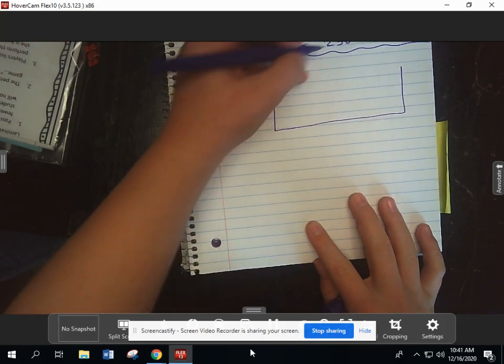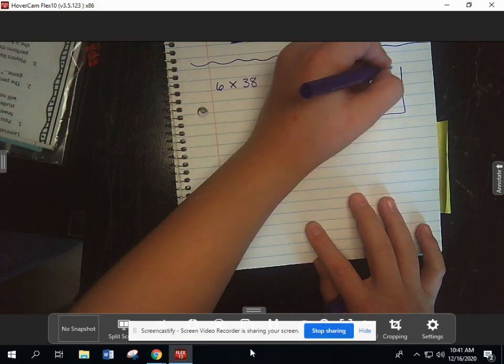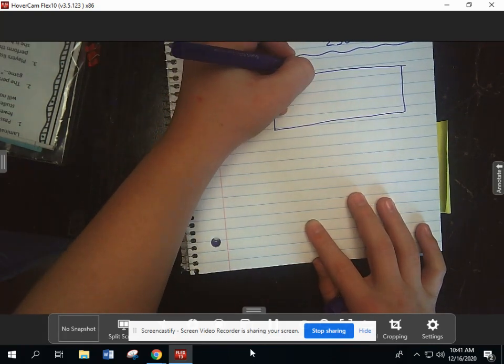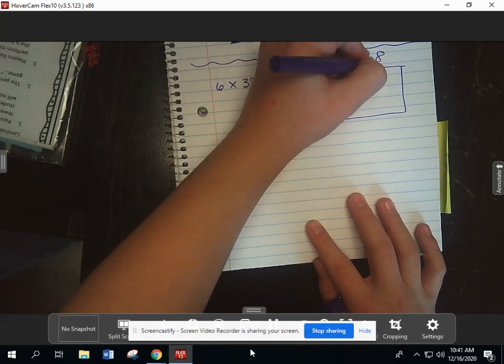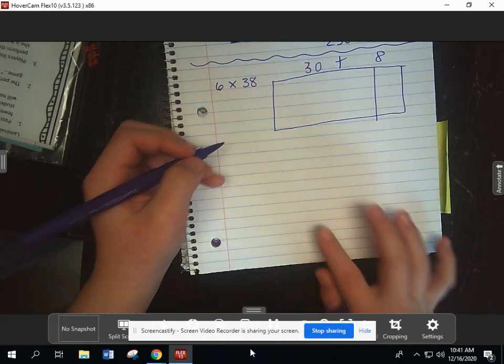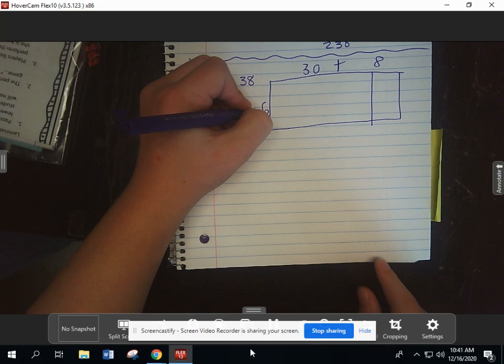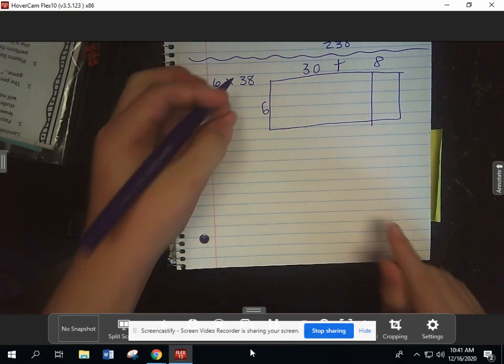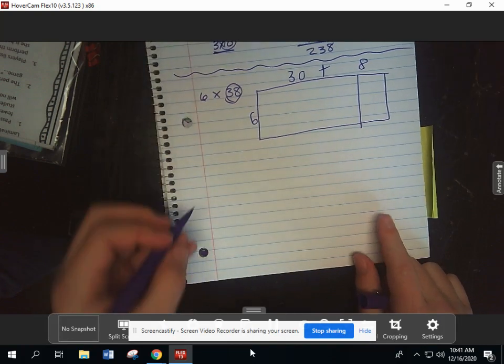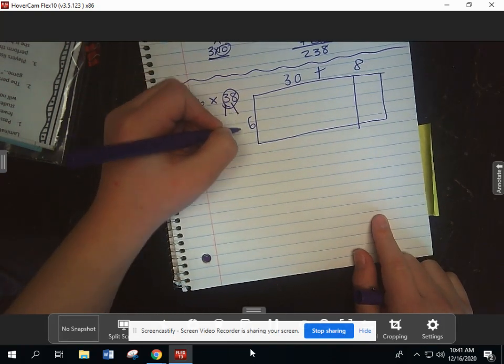So he's drawing his rectangle. Okay, where did the 30 and the 8 come from? 38. Okay. Where did your 6 come from?